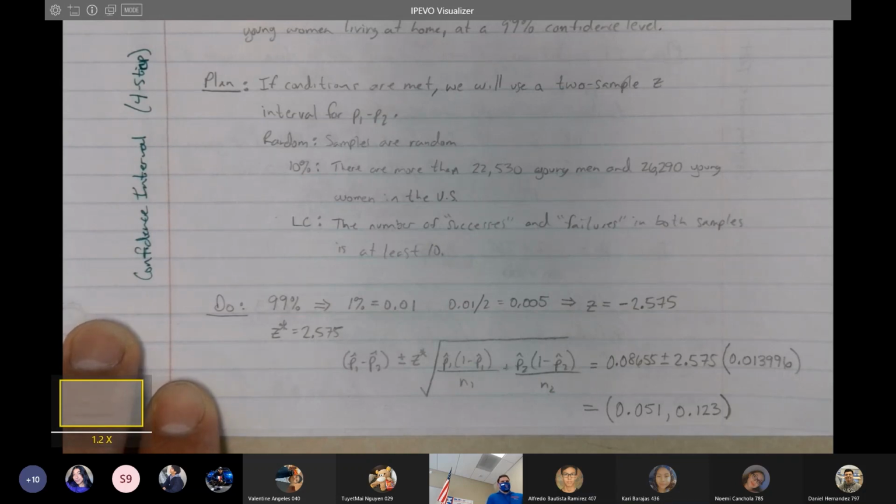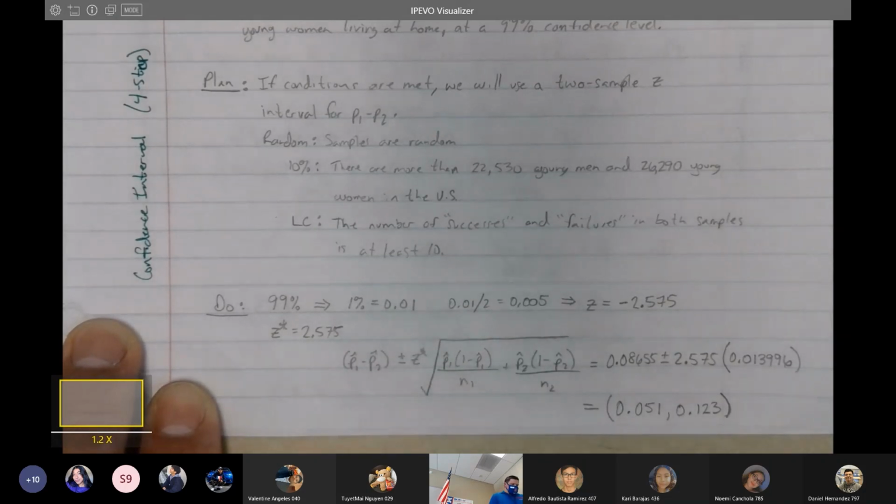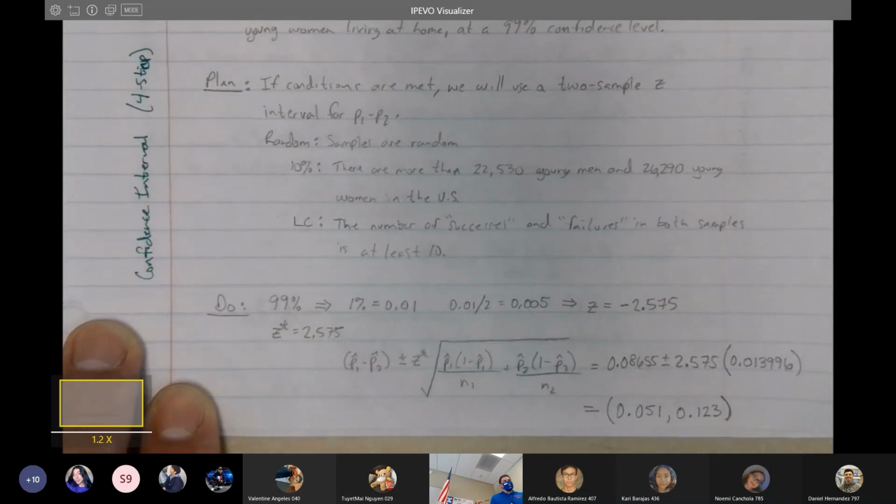So then we do this formula here to find our interval. We have the difference between the sample proportions plus or minus the critical value Z star times the square root of the standard error, and that is this craziness over here, similar to the formula we used in problem 1.